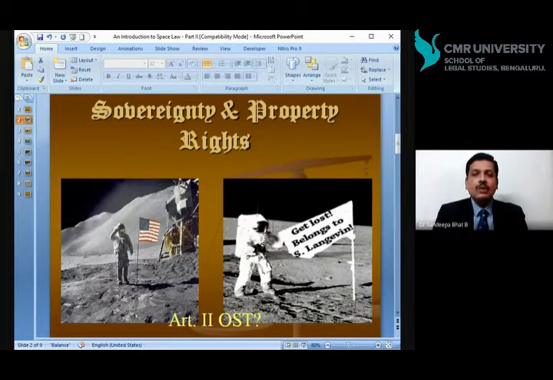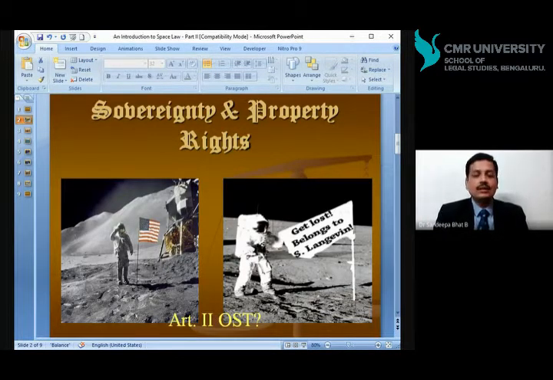These equatorial states argued that most of them were yet to develop their technology. But on the other hand, the developed countries who have developed the technology are taking a lot of slots in the geostationary orbit. Therefore, by the time the developing countries develop their technology, no slot would be available to them in the geostationary orbit.